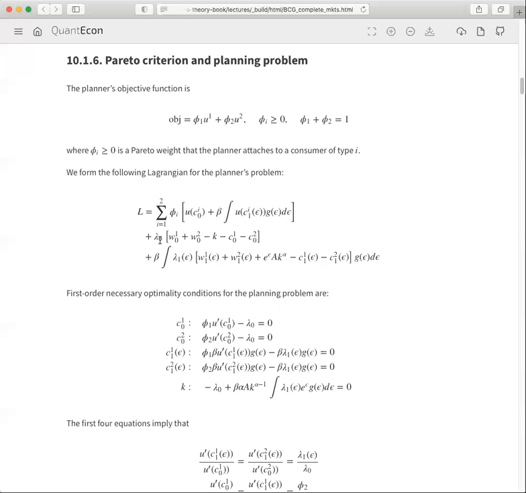So we have a Lagrange multiplier on the time 0 feasibility constraint, and I'm going to put a scaled Lagrange multiplier, beta lambda 1 of epsilon g of epsilon. I'm going to use that to do a scaled Lagrange multiplier so that the formulas come out nicely.